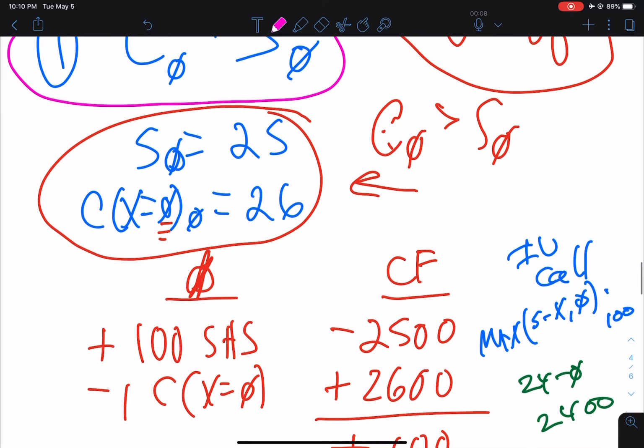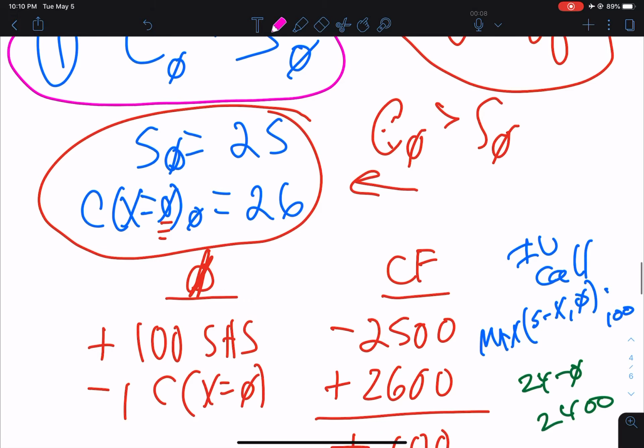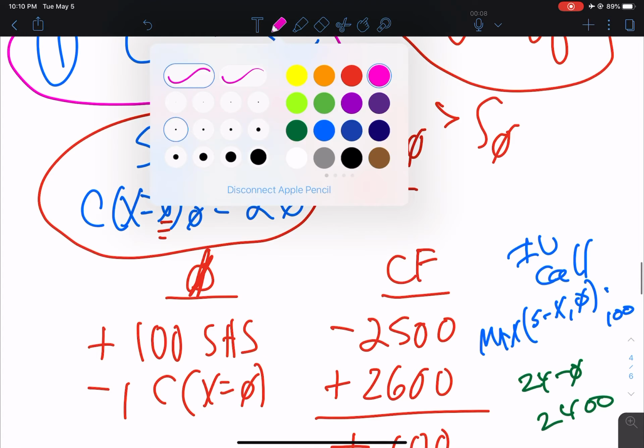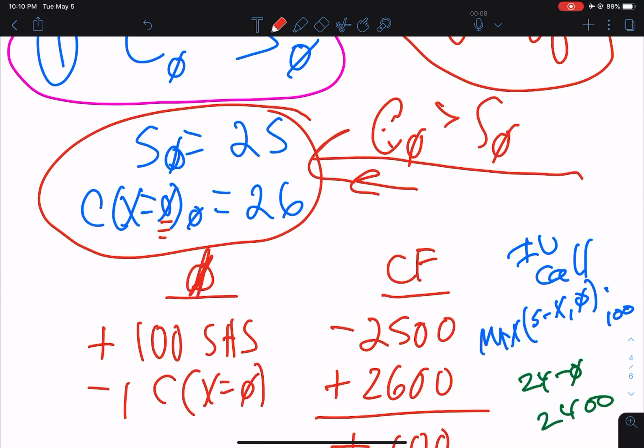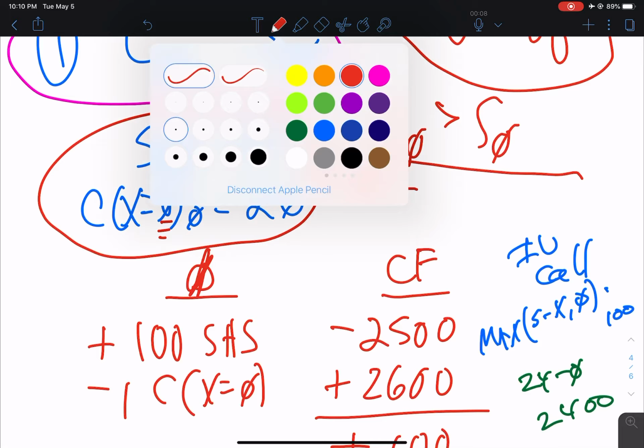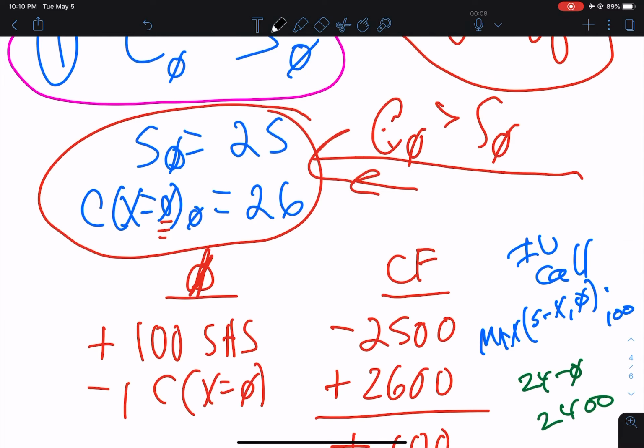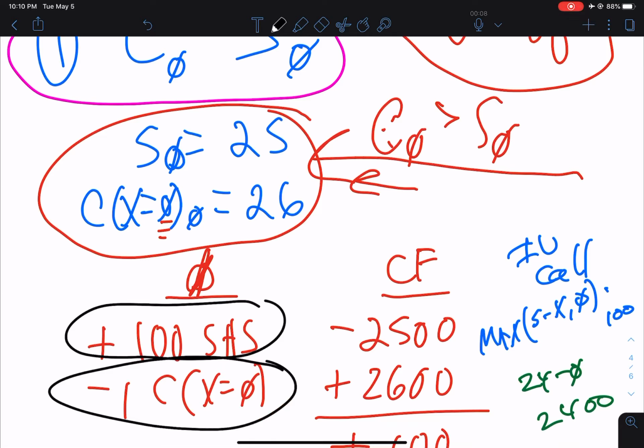These prices here represent a disequilibrium. But think about what we're doing. We are buying stock and writing the call. Well, we're bidding up this price and we're driving down this price.